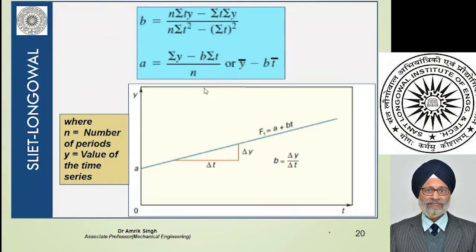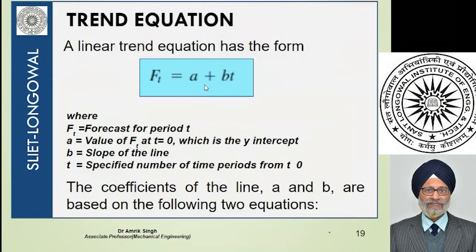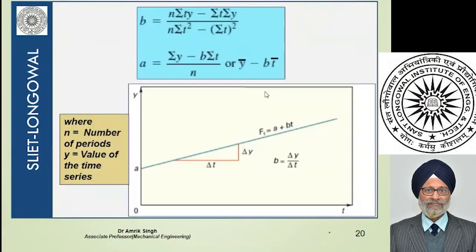So you can either solve like this, a is equal to Ft minus bt. So it can be done for a single step. And if it is for n periods, you can use this sigma of all y's and sigma t. So it is a curve between y and t.